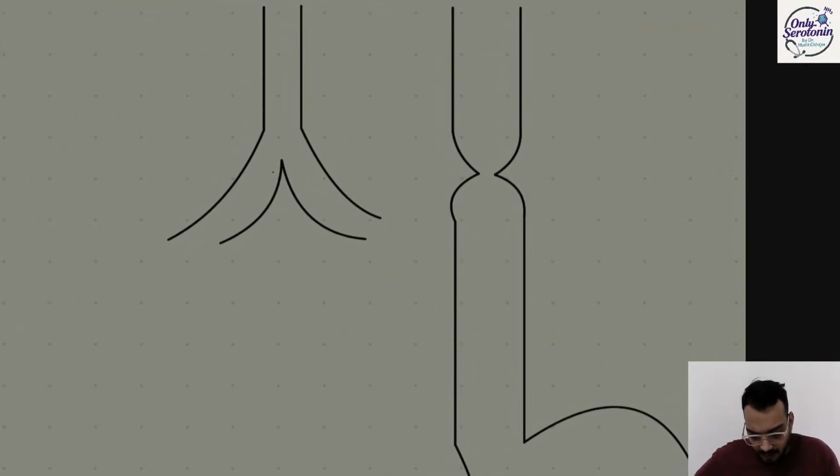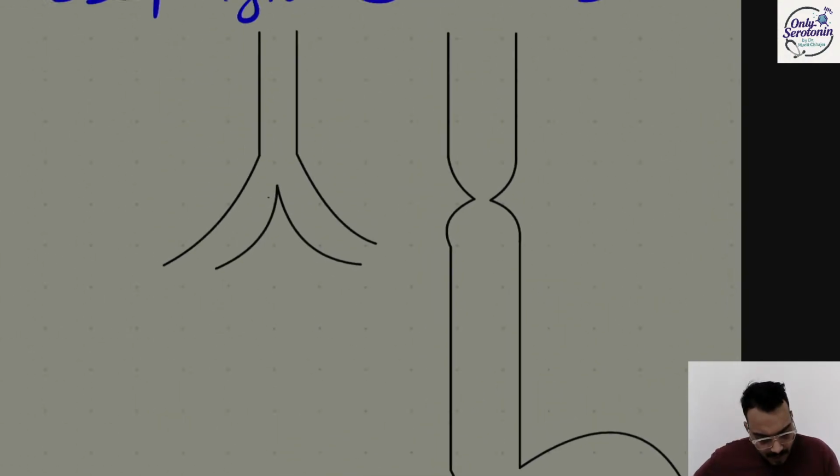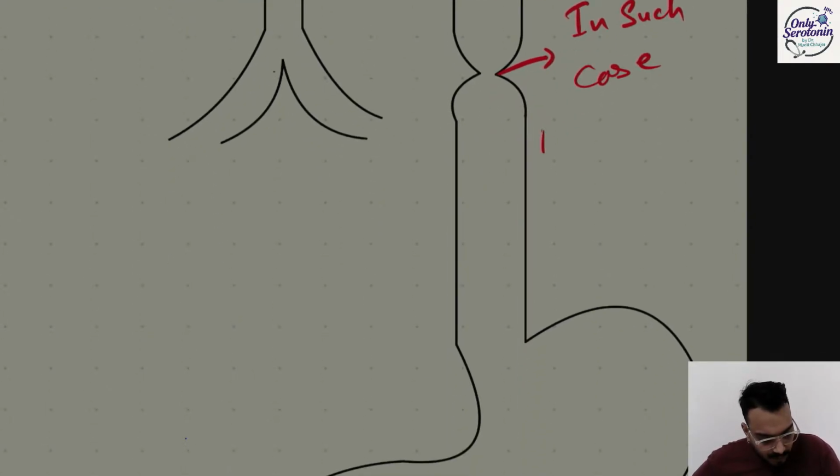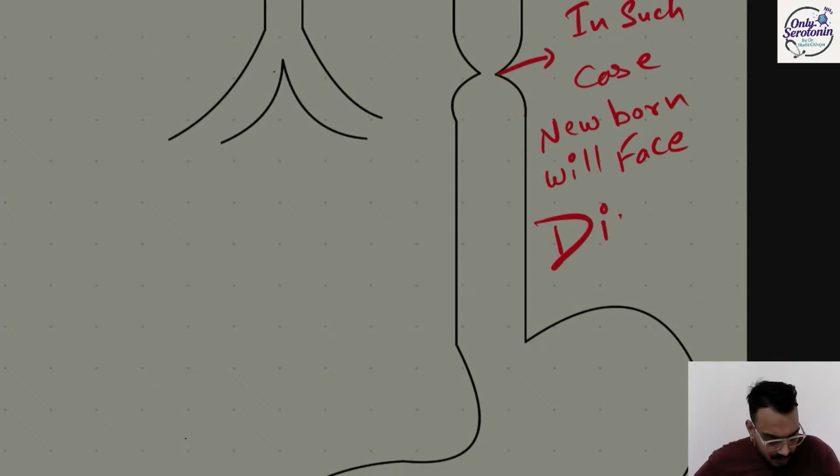So here you are going to remember that in such cases, the newborn babies will face a disorder, and this disorder is known as dysphagia. We have already discussed what is dysphagia, right?